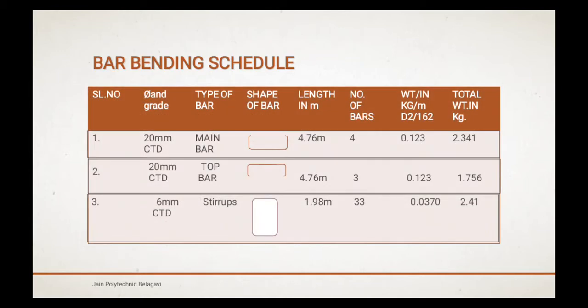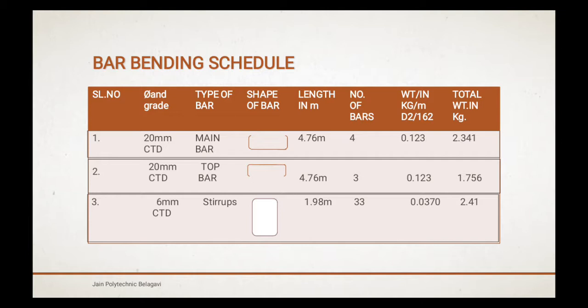So the bar bending schedule is a tabular column with serial number, dia and grade, type of bar, shape of bar, length in meter, number of bars, weight in kgs per meter and total weight in kgs. The weight in kgs per meter is calculated from the formula d square divided by 162.